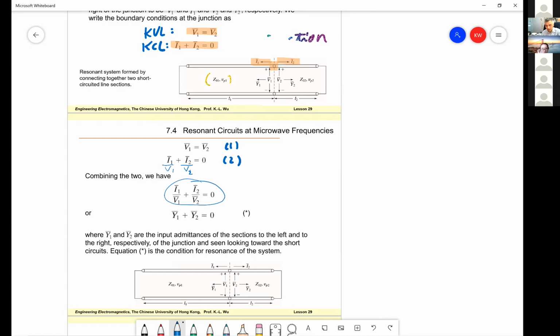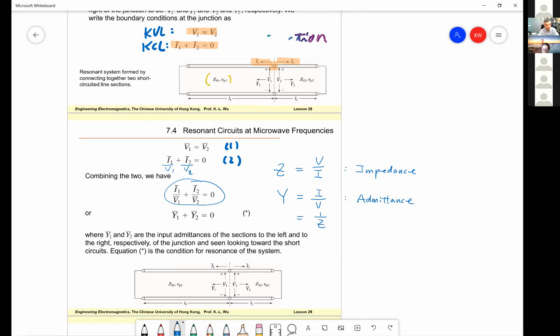What does that mean? We know impedance is defined by voltage divided by current. This is called impedance. Then we can also define admittance as current divided by voltage. This is called admittance, or this equals 1/Z.